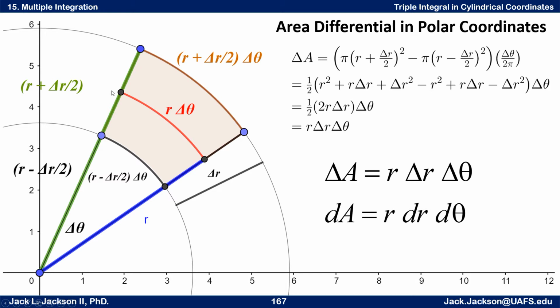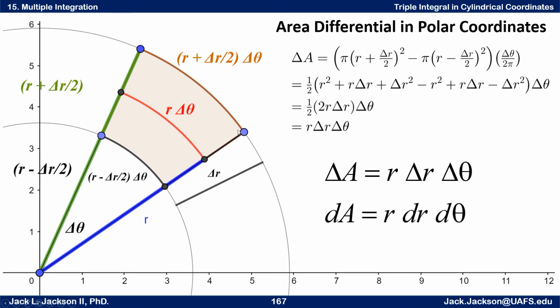It turns out if we multiply this red arc length by this delta r, which is this distance here all the way around, then we get the area of this piece. And to show you that, let's look over here. The area we'll call delta A. Well, it's pi big R squared minus pi little r squared to get the area of the full circular washer.